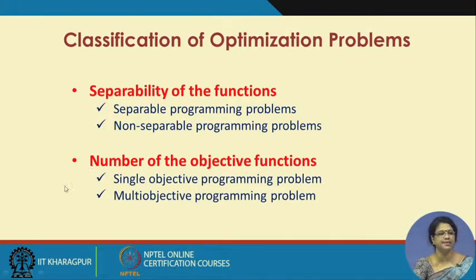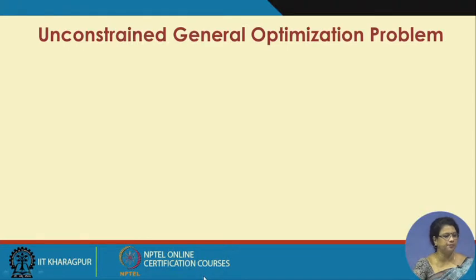In general, we can have multi-objective linear programming problems and multi-objective non-linear programming problems. That is why all these are the types of models available in the literature till date. I will show you one by one what I meant.